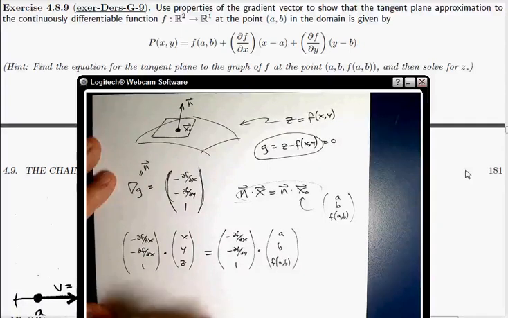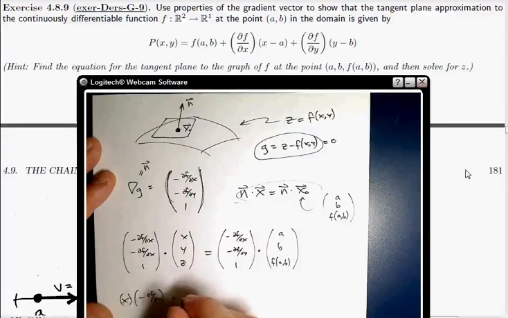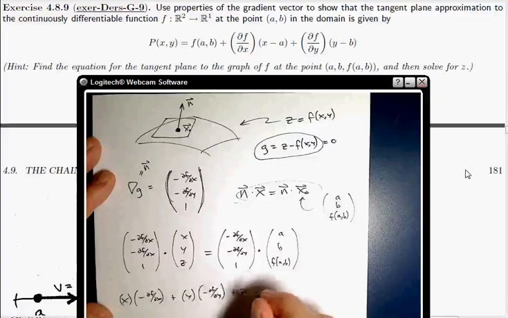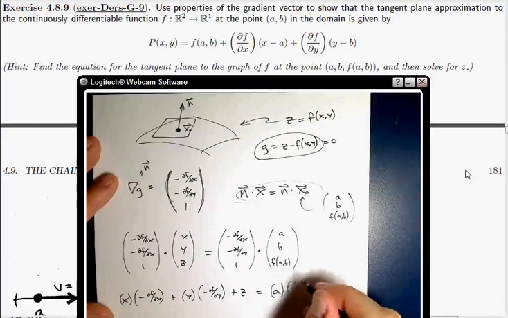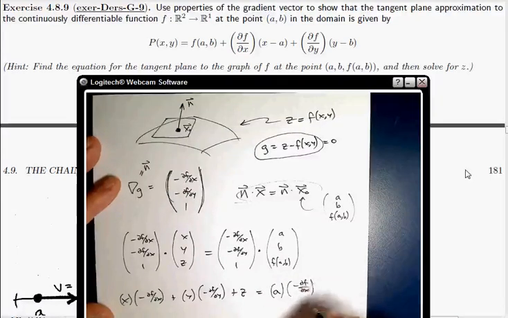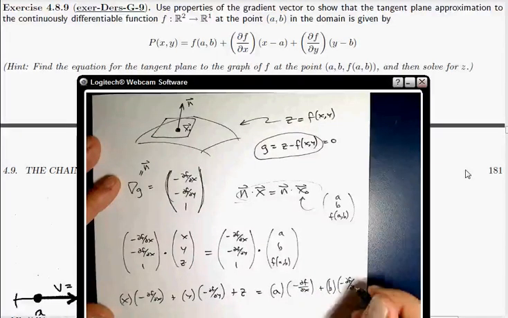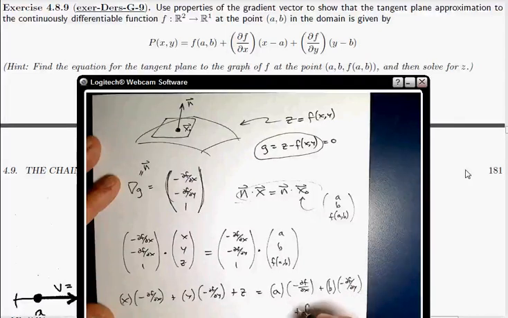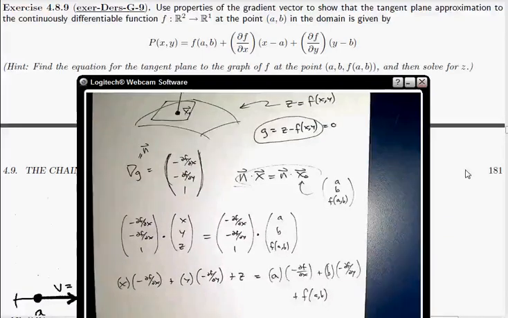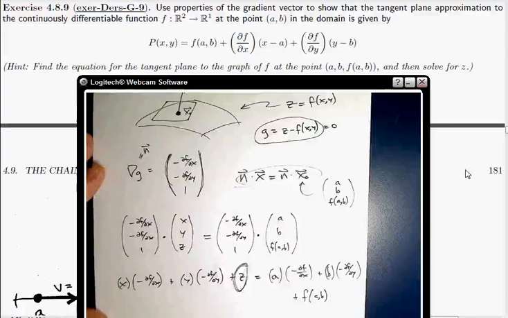So I've got x times negative partial of f with respect to x plus y times negative partial of f with respect to y plus z equals a times negative partial of f with respect to x plus b times negative partial of f with respect to y, and then plus f of a, b. Now you've got to take this equation and toss terms around here and there.